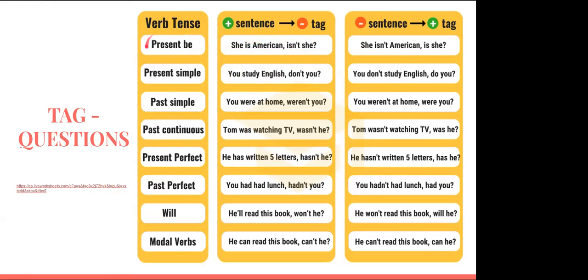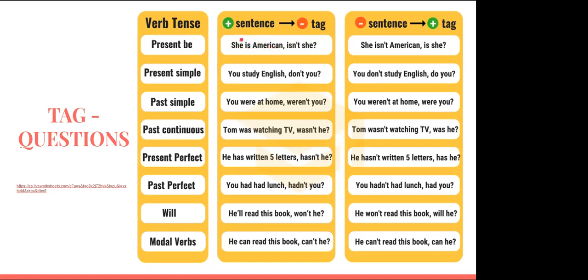Whenever we are talking about the present with the verb to be, we are going to be writing a sentence, she is American, and then the question follows after the comma. And always, whenever we are making tag questions, we are going to use the negative of the auxiliary that we are using in the first statement.